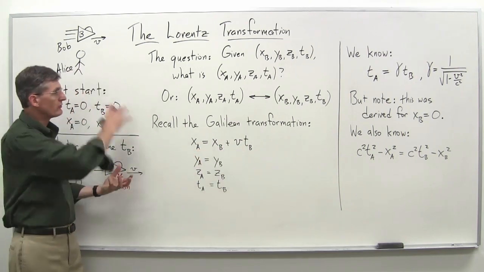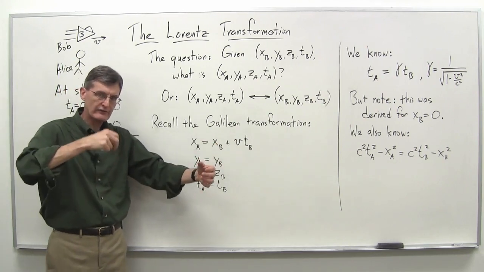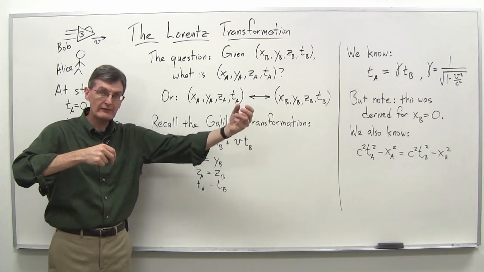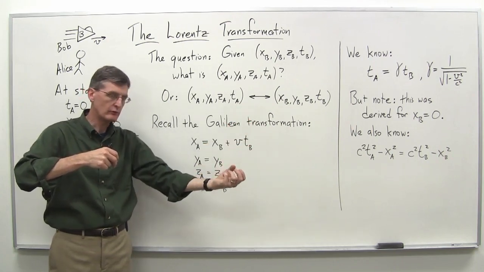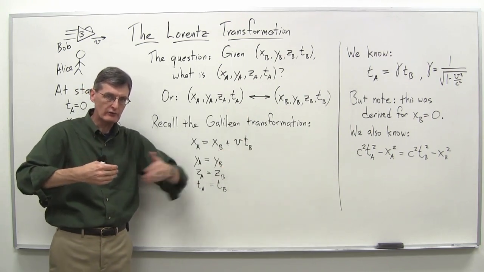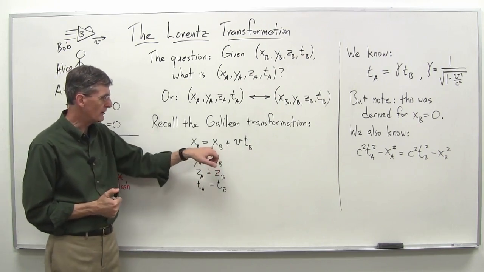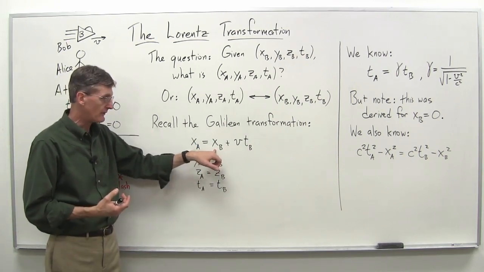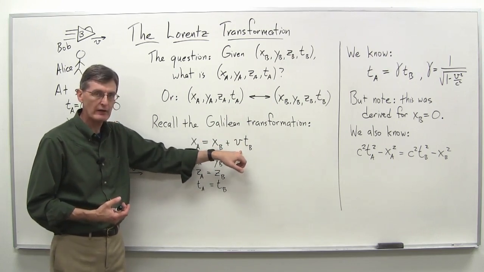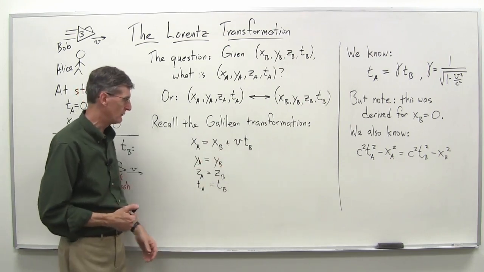I think it makes sense intuitively because we know Bob is moving to the right. So if Alice is standing here, as Bob moves on, then if he measures something at his x_B equals 0, we know Alice's measurement is going to be farther on in the positive direction because that's the direction Bob is moving with respect to Alice. And so it'll be whatever position Bob measures something at plus essentially the distance traveled by Bob in that given amount of time until he sees the flash or whatever happens to be.